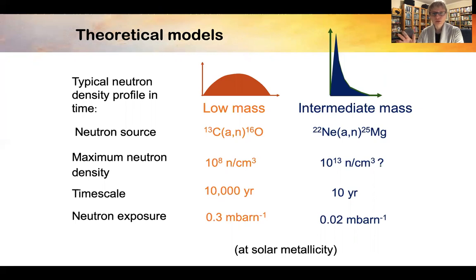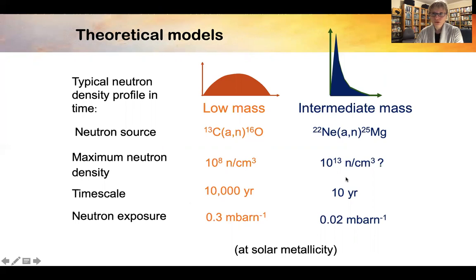That means my neutron exposure, which is the integral of neutron density over time, is quite high at 0.3 per millibarn. For my intermediate mass stars, over say 4 solar mass, we don't know if they have carbon-13 (alpha,n) in the intershell. There's not a lot of evidence for this either way, actually. But we know their helium shells become hot enough to sustain neon-22 (alpha,n).